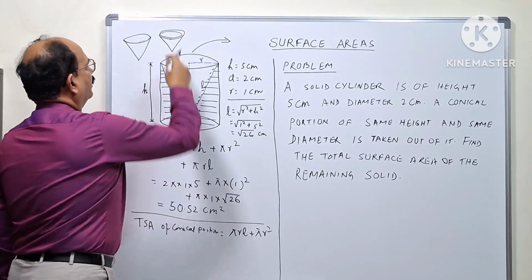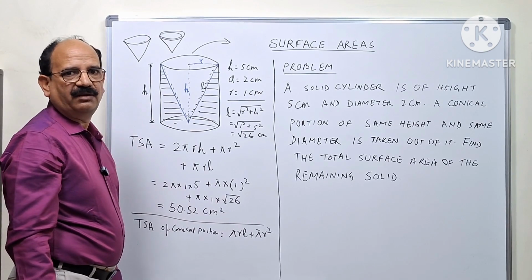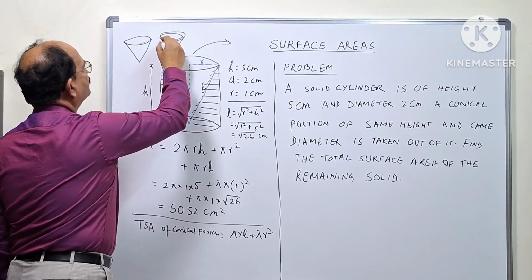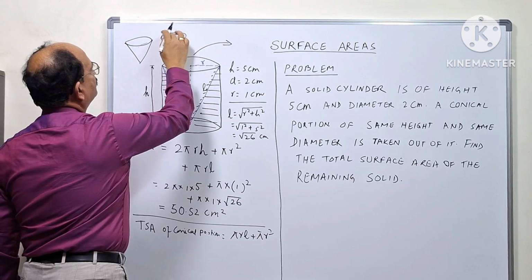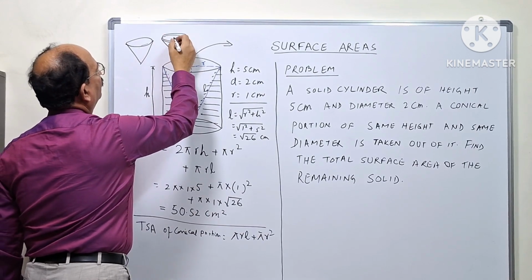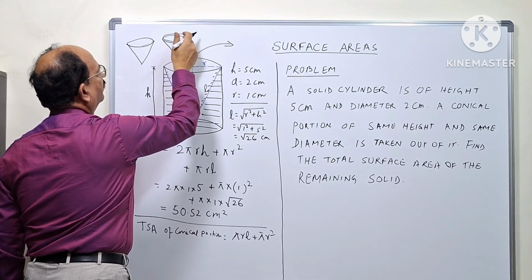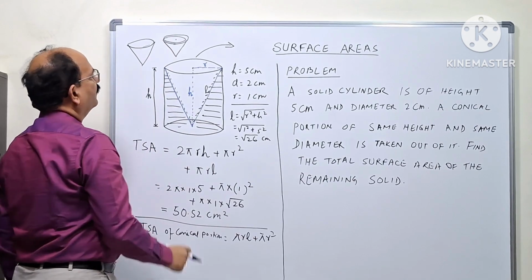All other portions have been removed and a very thin cone has been created. Then what will be the total surface area of this very thin cone? Now it is obvious that since it is a very thin cone carved out, there is practically no difference between the internal radius and external radius. It's a very thin cone, right?